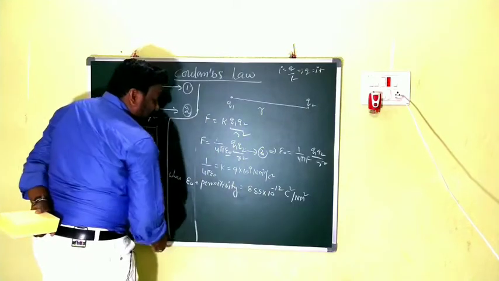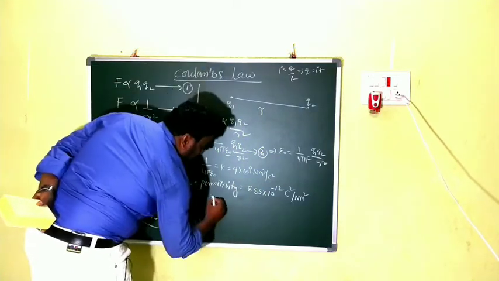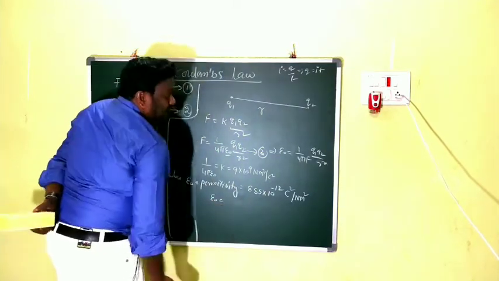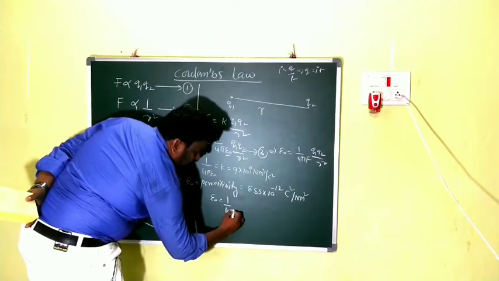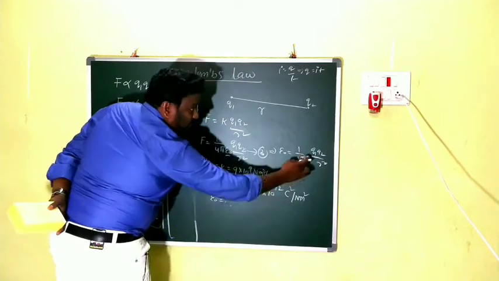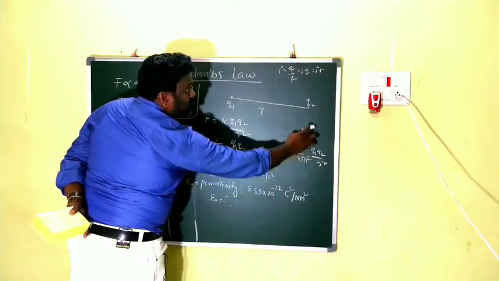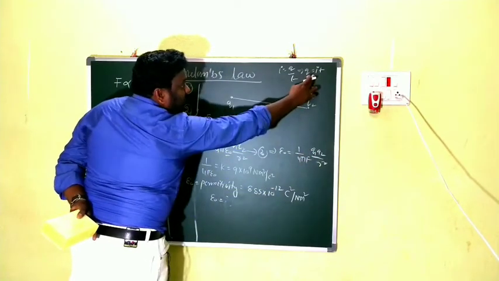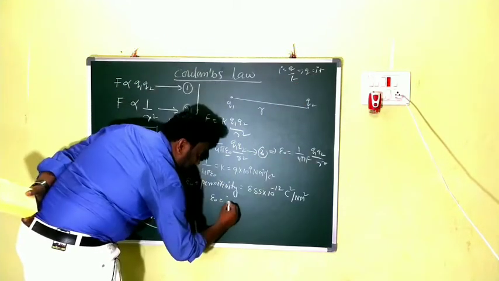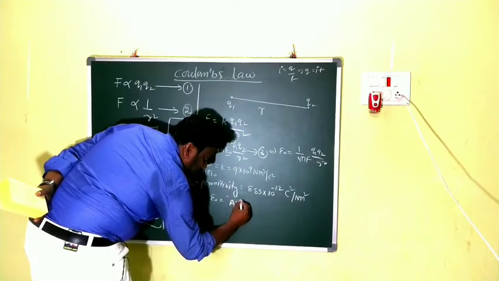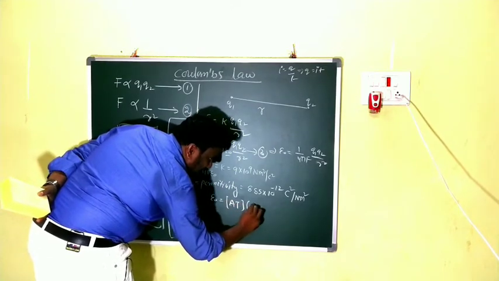Then I am writing the dimension formula for that. Epsilon naught is equal to 1 by 4 pi F, which is simply a constant. Q1 Q2 means IT, where I is current, ampere, so we write A into T, again A into T.